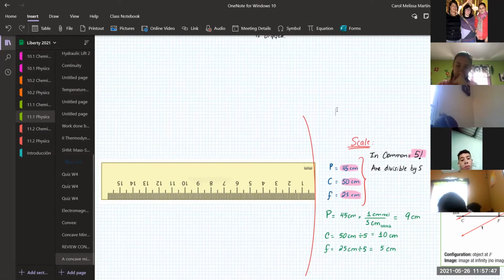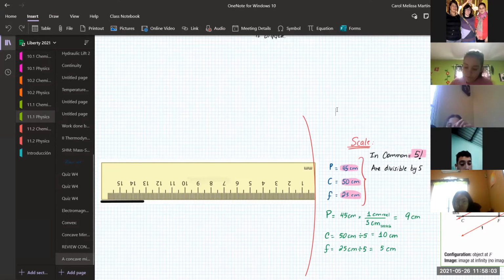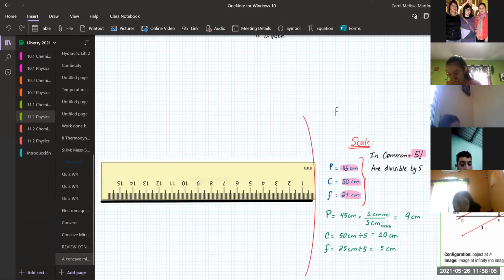This horizontal line, I'm gonna make it a little bit bigger because I don't want you to get confused with the ruler. A straight horizontal line.